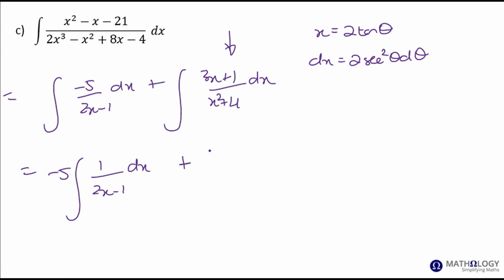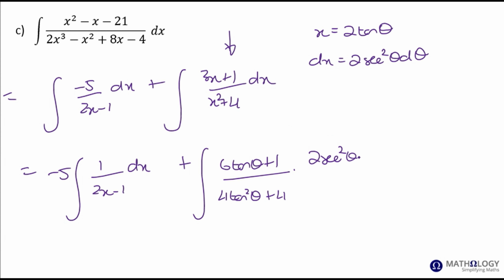So we will have the integral of 3 times x, 3 times 2 tan theta is 6 tan theta plus 1 over x squared will be 4 tan squared theta, then we add 4, and dx is 2 sec squared theta d theta.